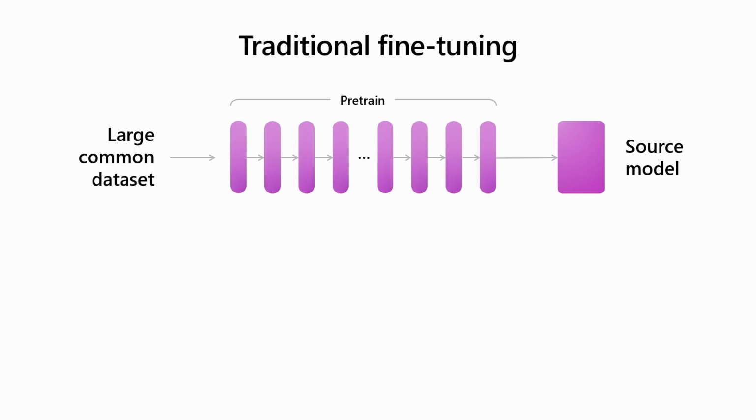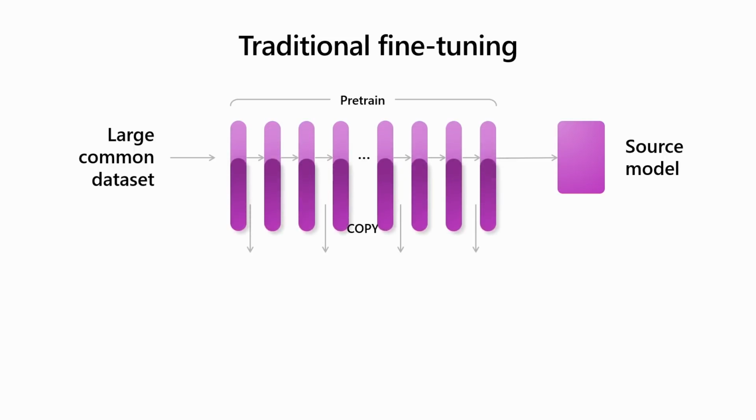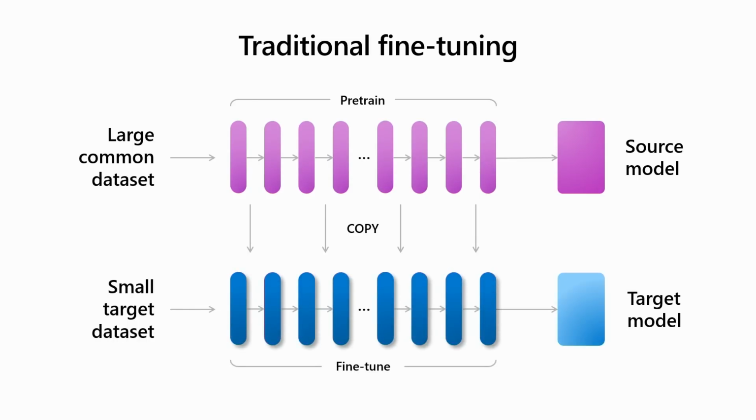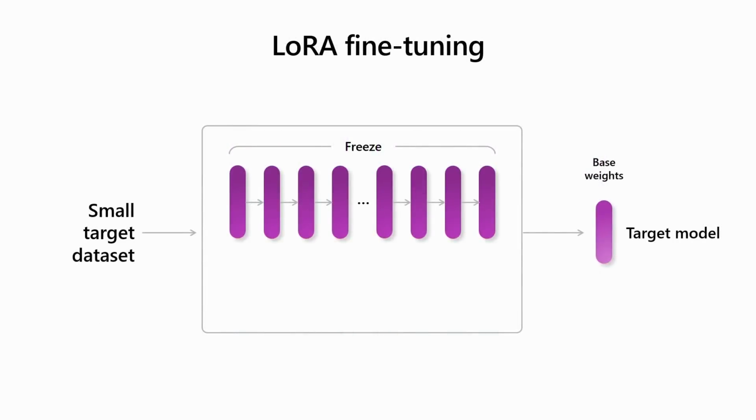The way that traditionally it was done is you make a whole copy of the model. You basically continue the training by giving it a small target data set, like examples of a doctor talking. And then you spit out a new model that knows how to talk like a doctor. This is really inefficient. So we came up with a way to make fine-tuning much more efficient by training what's called an adapter.